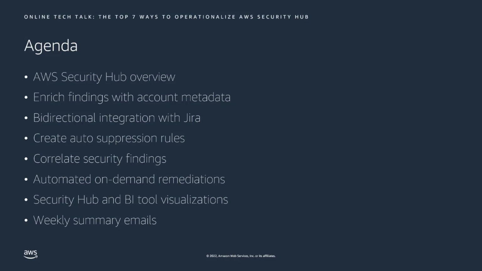We will also show you how to set up automated and on-demand remediation actions, integrating Security Hub with BI tools for advanced visualizations. And finally, we will take a look at how to schedule weekly summary emails and then wrap up with a Q&A section.